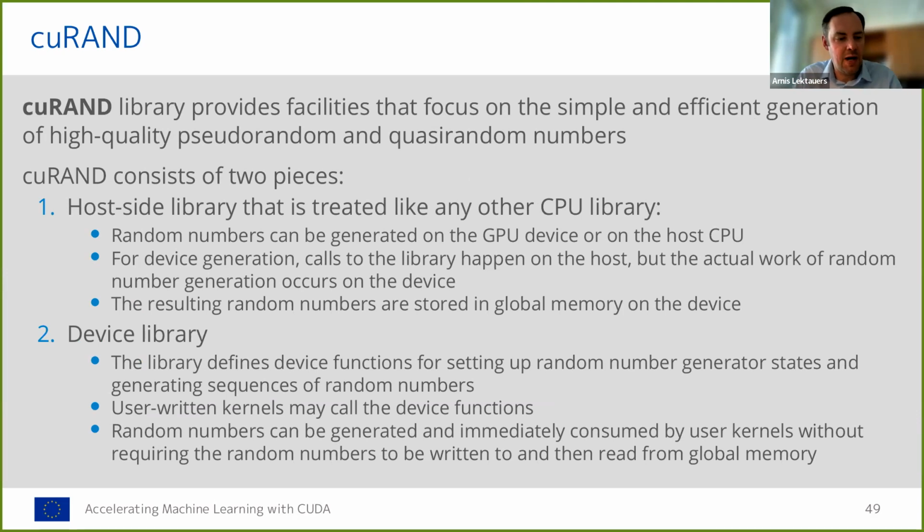For example, if we have a CUDA kernel and we want to generate random numbers within the kernel, we can use the device side support. The host side is intended for when we have a task to generate a large number of random numbers and to use these numbers later in any CPU based task. Due to the time limit, I will not go into any details about cuRAND.